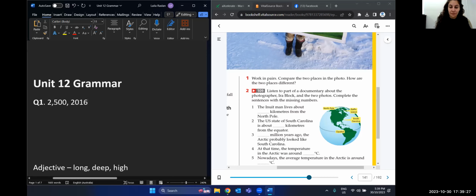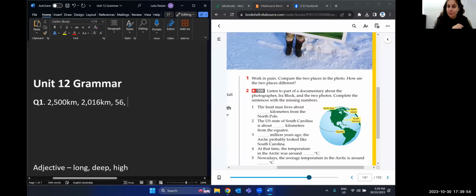Did everybody get the same answer? Number 3? So the USA state of South Carolina is about 2016 kilometers from the equator.